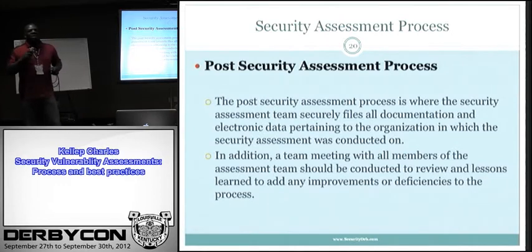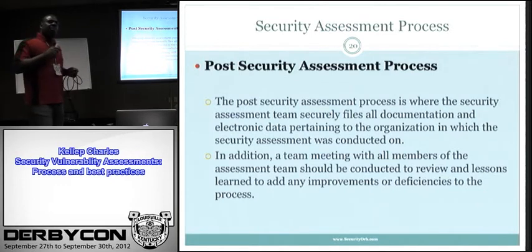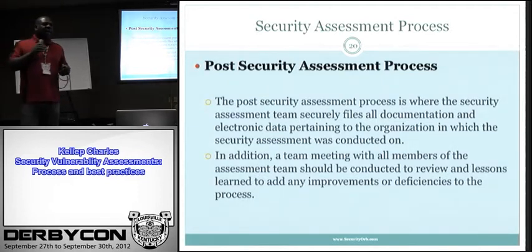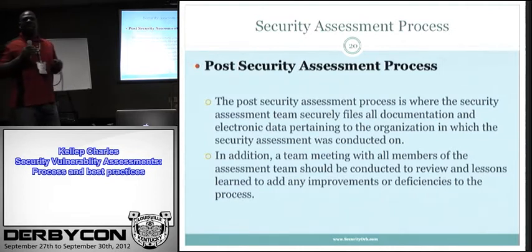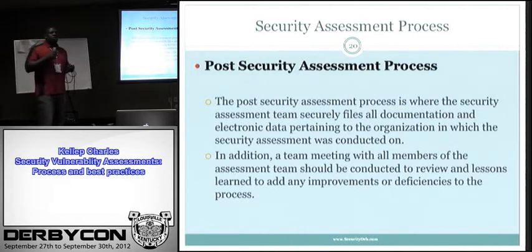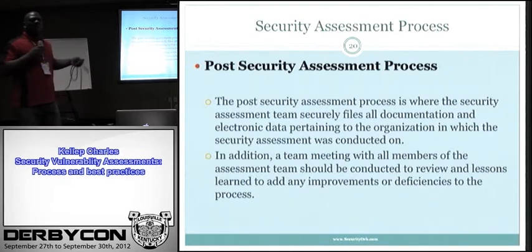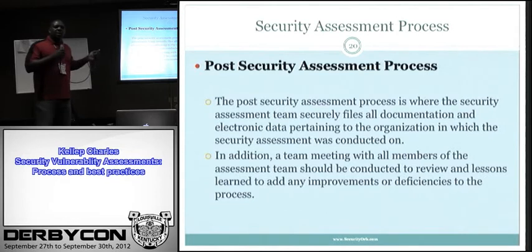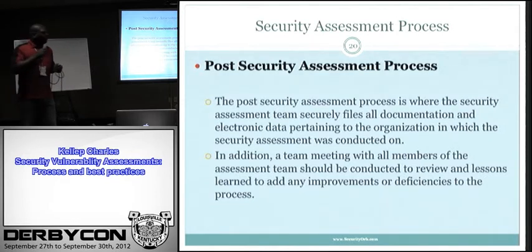And the post-security assessment process is a very important part right here. This is what we do once we get back from a security assessment. We had one site where every time the scanner would hit port 8080, it would lock up the site and the scanner. We were able to identify this and put it in our post-security assessment report, so whenever another team goes out to that particular site, this is information they would have within the folder.